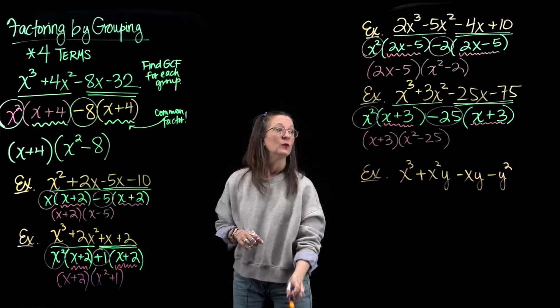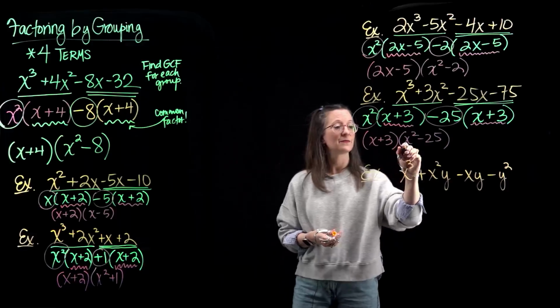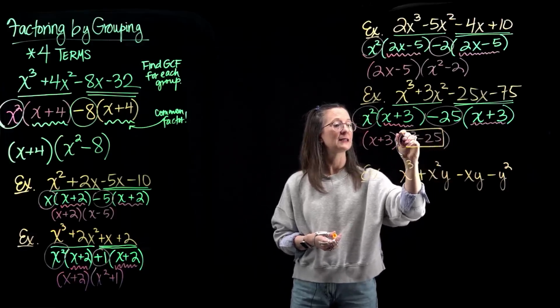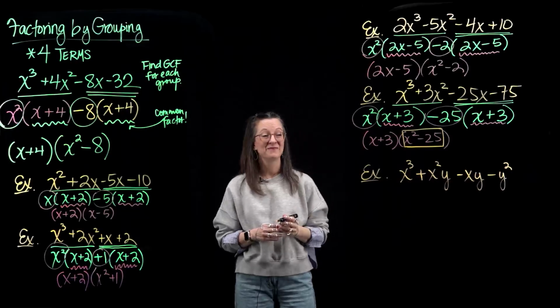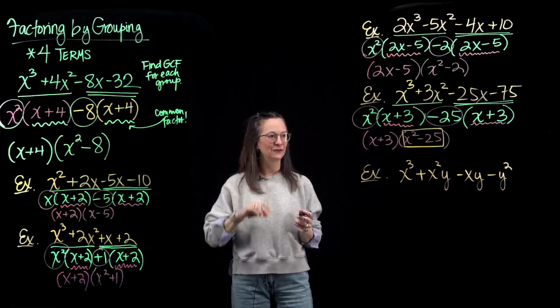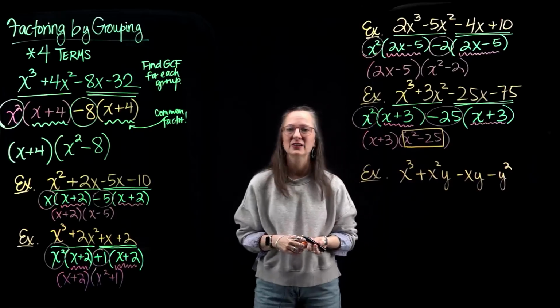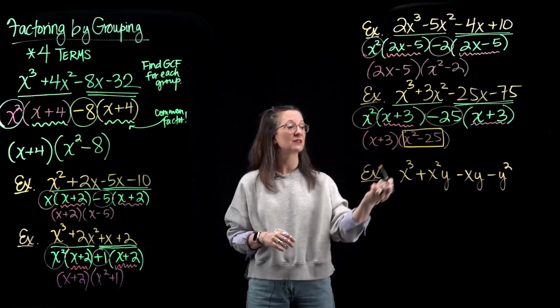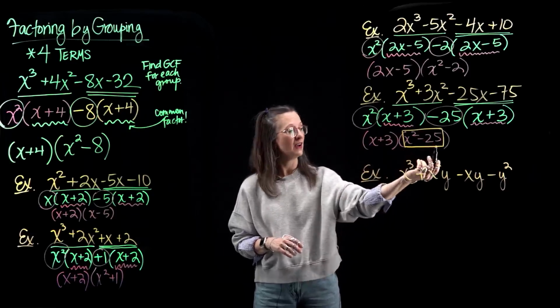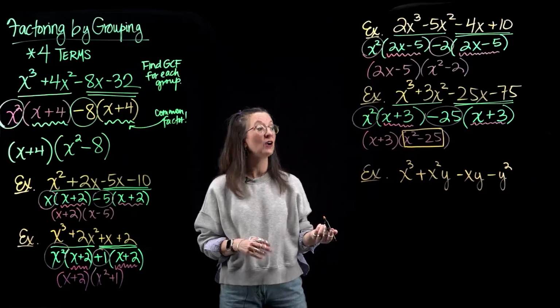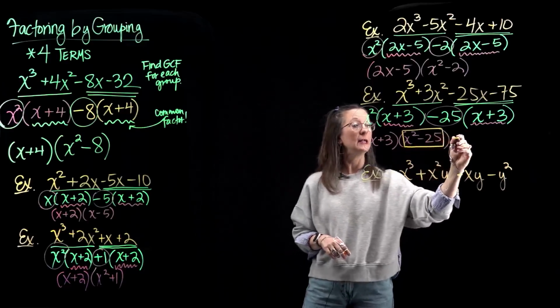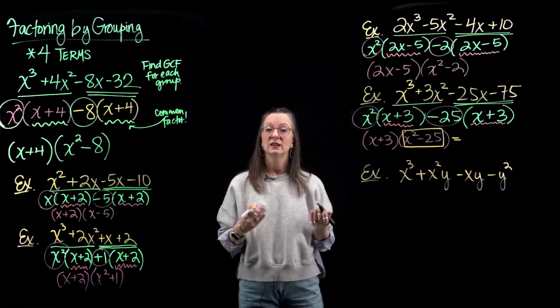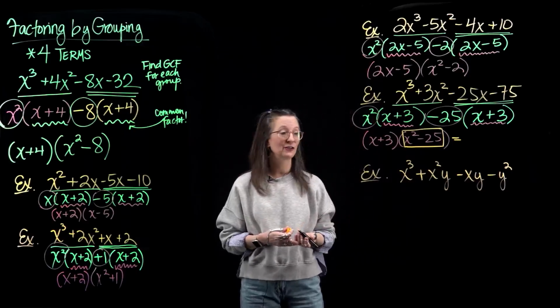All right, we've encountered something new, and that is we've factored it, but we can factor it further. Take a look at that x squared minus 25. That's a difference of squares. X squared is a perfect square, 25 is a perfect square. So we are going to keep factoring in order to have this in fully factored form.